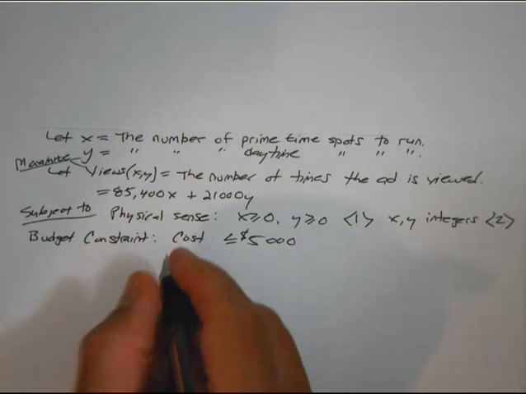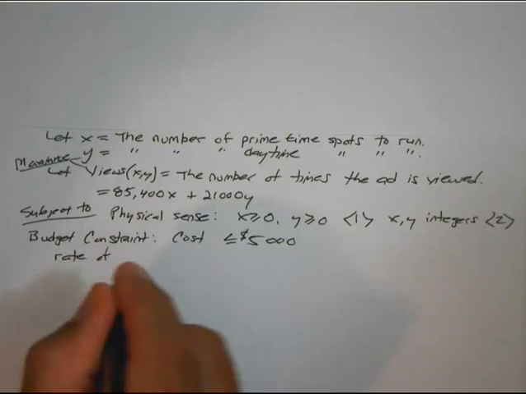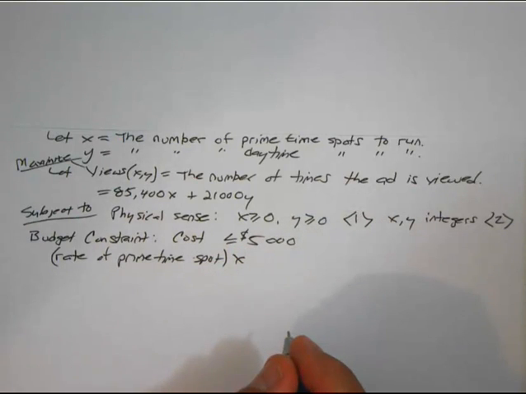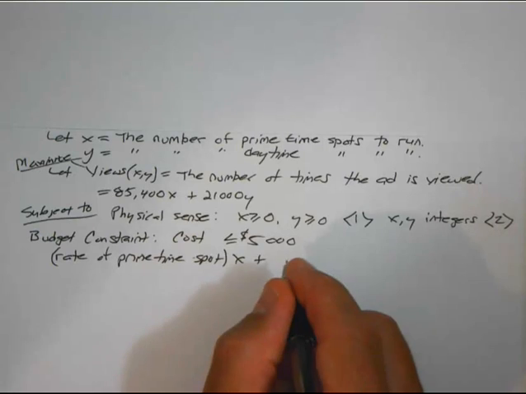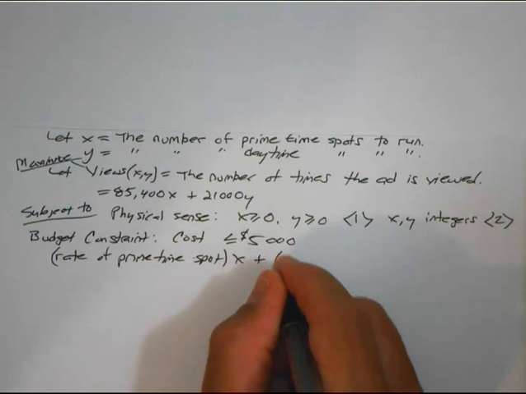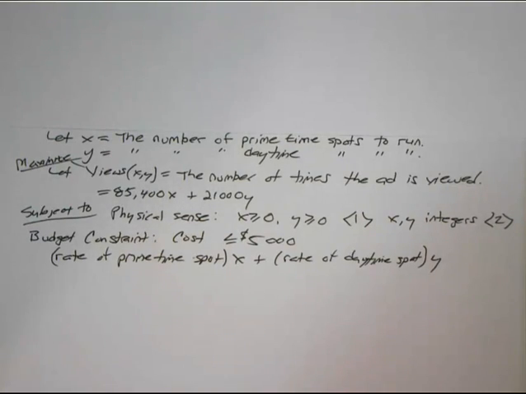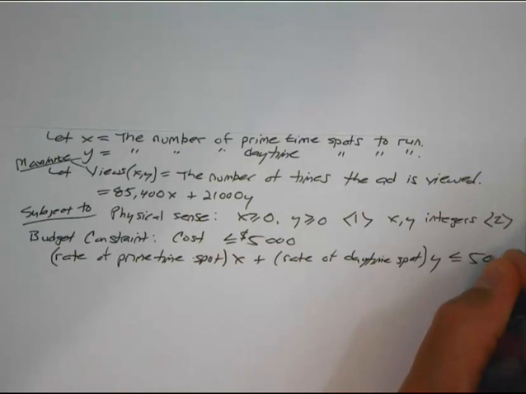So the cost would be the rate of a primetime spot times x, the number of primetime spots you're running, plus the rate of the daytime spots times y, the number of those you're running. And that's got to be less than or equal to 5,000.